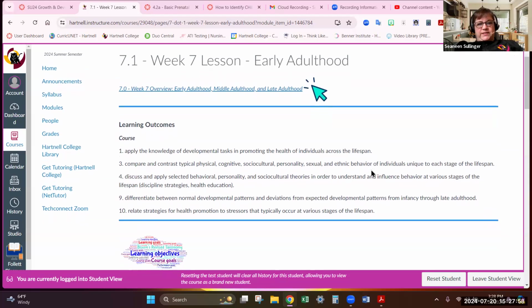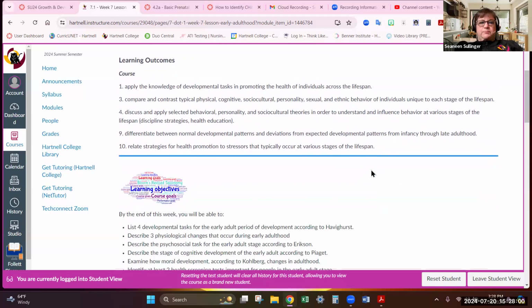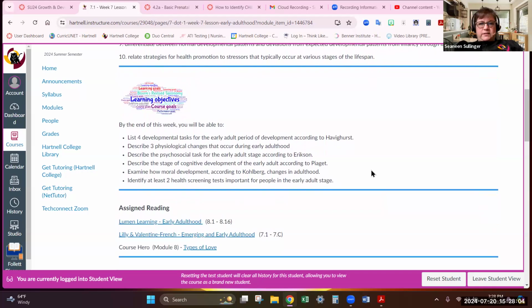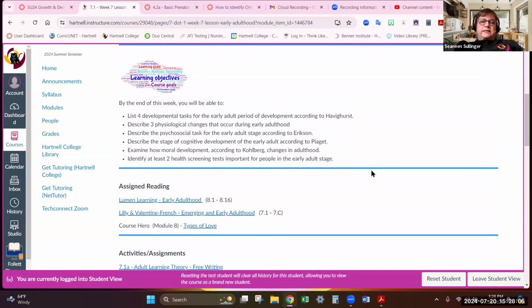Our learning outcomes are the same because we're in the developmental stages portion. For this lesson on early adulthood: list 4 developmental tasks for the early adult period according to Havighurst, 3 physiological changes that occur during early adulthood, psychosocial tasks for early adult according to Erikson, stage of cognitive development of the early adult according to Piaget, which now is going to be formal operations and it's going to stay there.